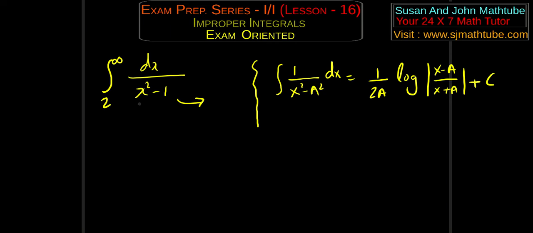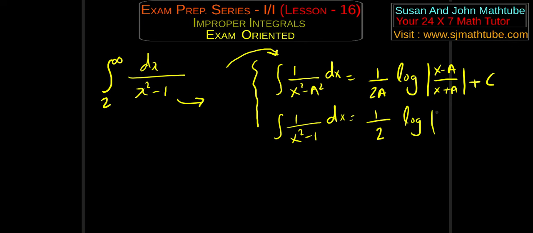Otherwise, you'll have to change this into partial fraction. But I'll strongly recommend this method because you can apply it directly. So, integral 1 by x square minus 1 dx will be 1 by 2 into 1 log mod x minus 1 by x plus 1 plus c. So, you have the integral.